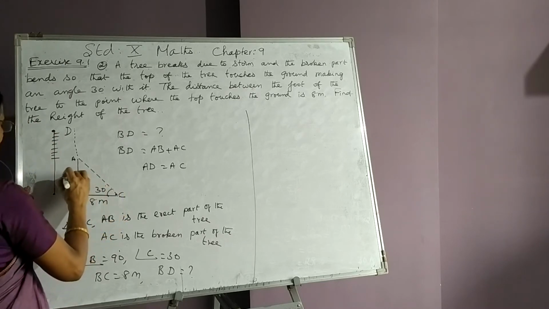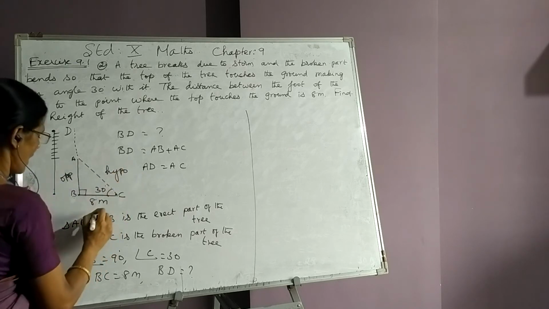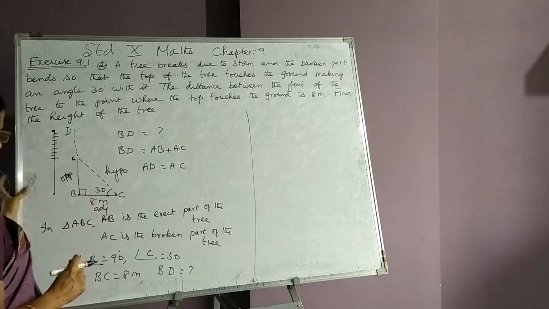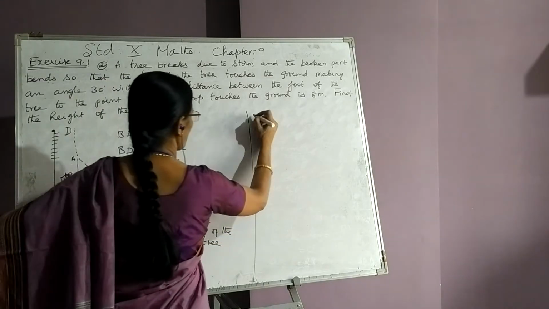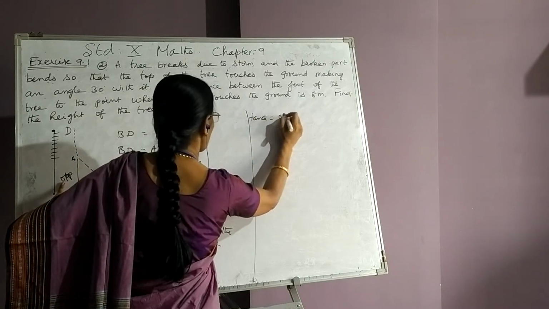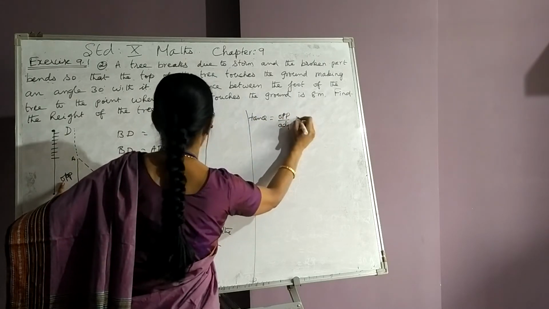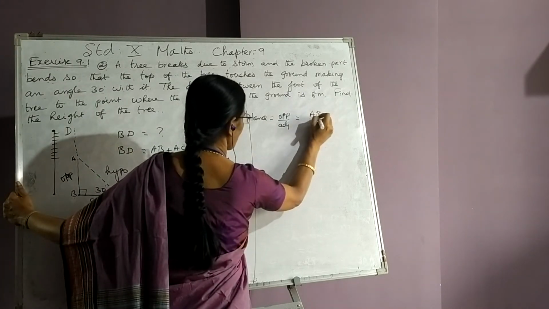Considering this angle, this becomes the opposite side. This is the hypotenuse and this is the adjacent side. Adjacent is given, opposite we have to find out. Therefore, we are going to find out tan theta. What is tan theta? Opposite upon adjacent. Which is opposite? AB is the opposite.